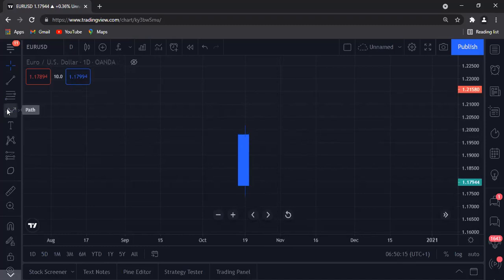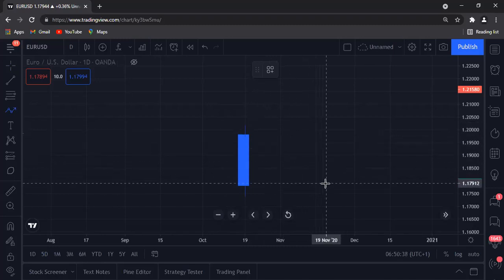So let me draw the path so you understand. It can be in any direction. It can open here, go to the top first before coming down and back up. It can open here, come to the bottom first and go up. The candle is just trying to let you know that this is the lowest point attained in the market. This is the trough of the market. This is the crest or peak.